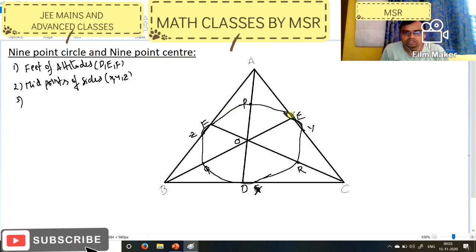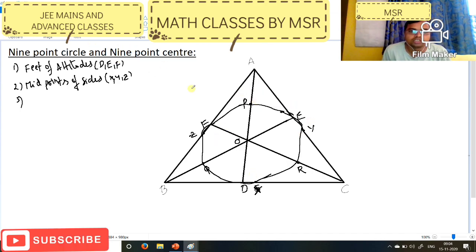Let us say this is a circle, though it does not appear to be a circle. Okay, let us assume. Now see, this is a circle passing through these 9 points. Now this is called the 9-point circle.